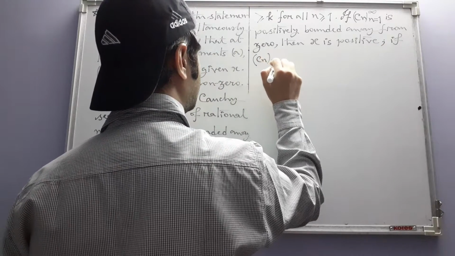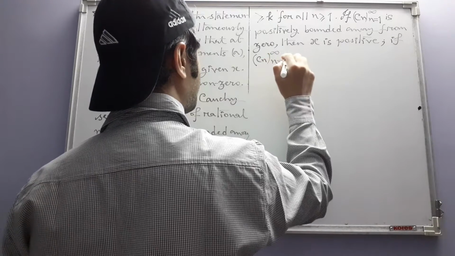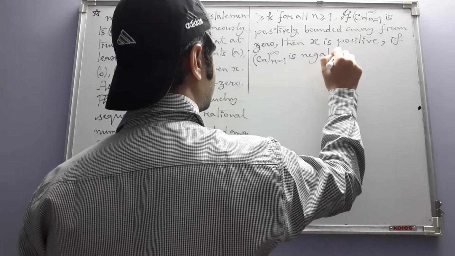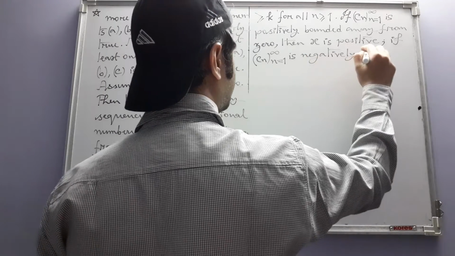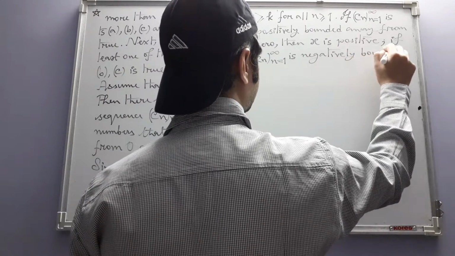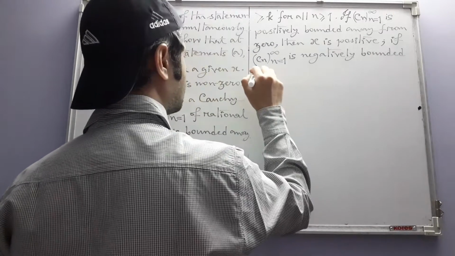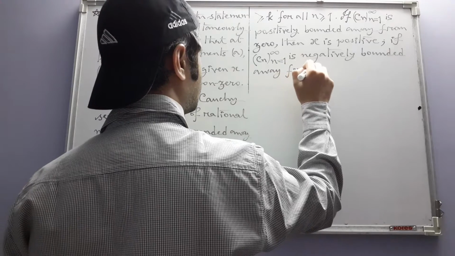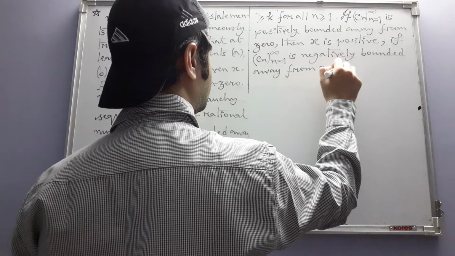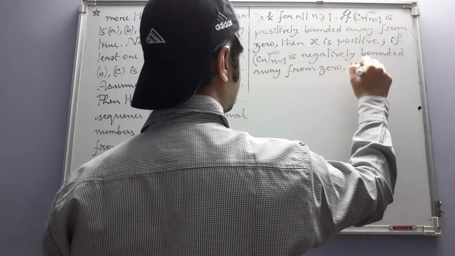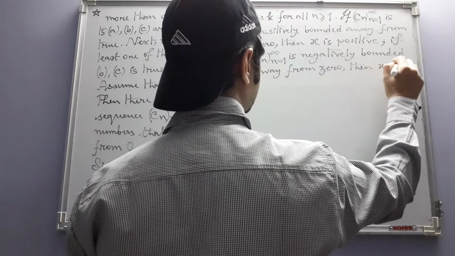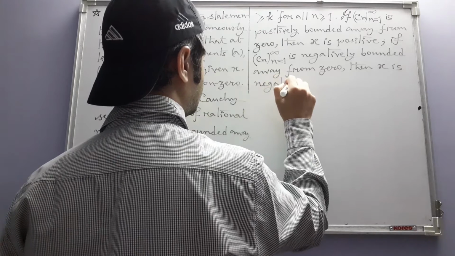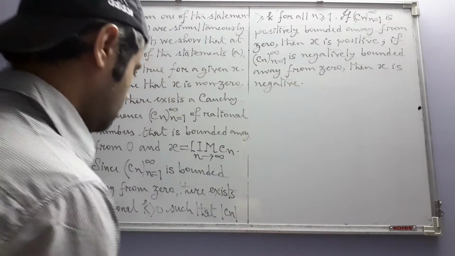If Cn is negatively bounded away from 0, then x is negative.